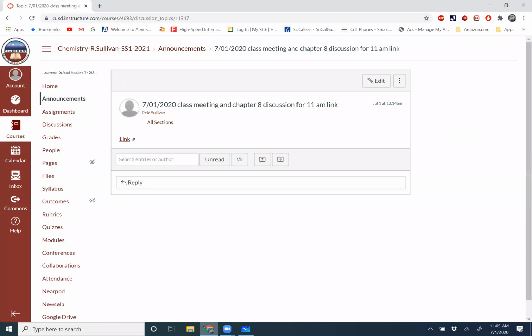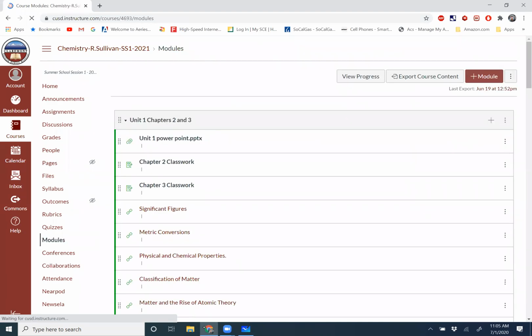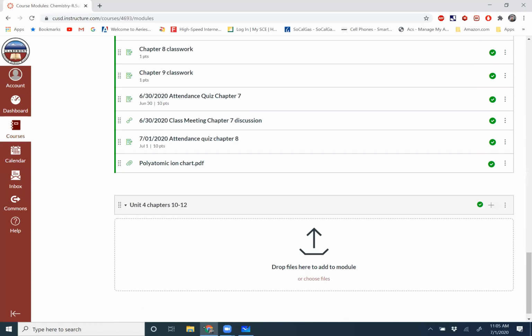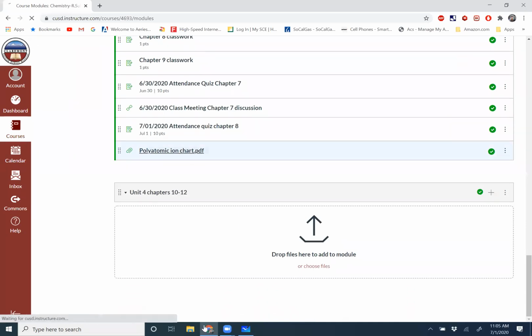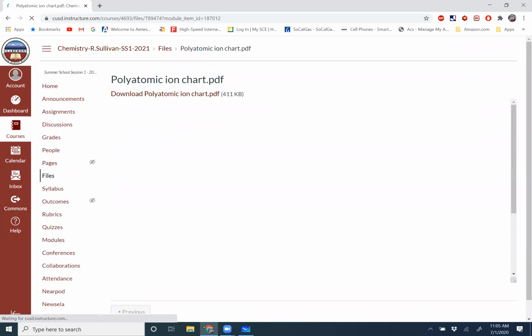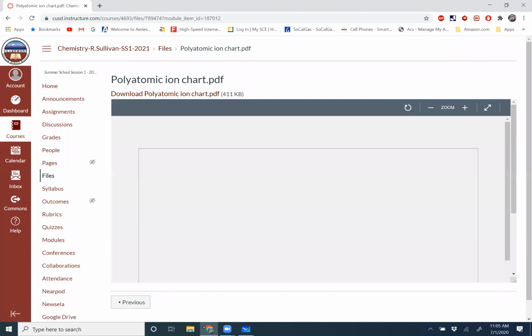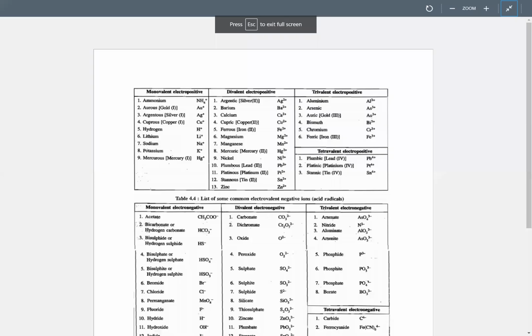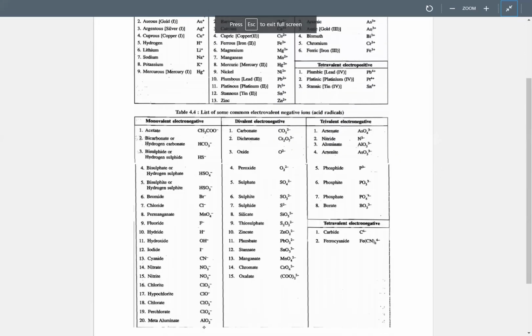But I have for you guys as well, if you want to have a quick and easy place to reference this, I've uploaded for you your ion chart. So you can click on that and it shows you a lot of common ions. And this is a PDF, so you should all be able to open it.